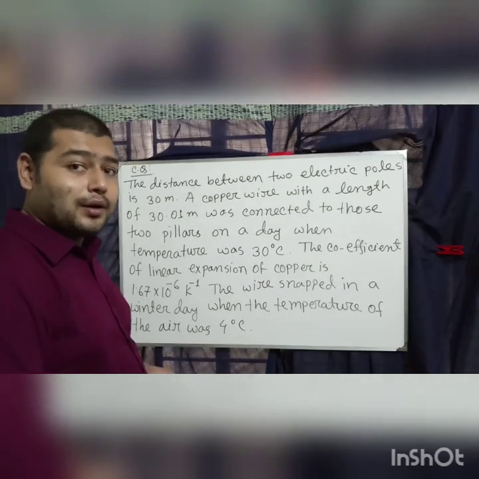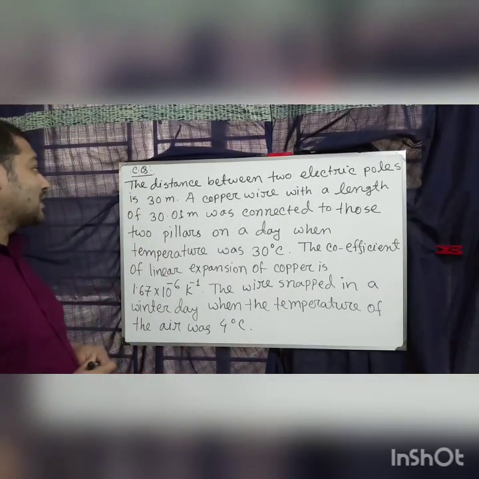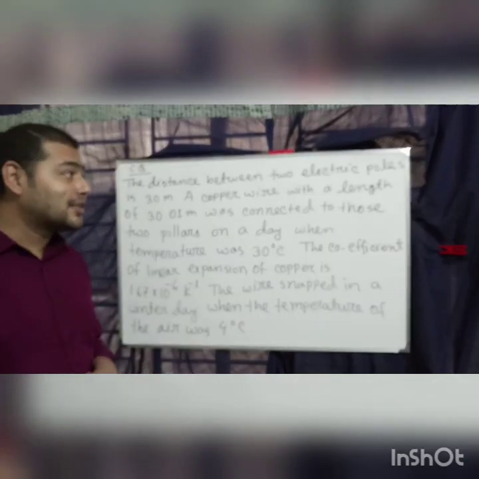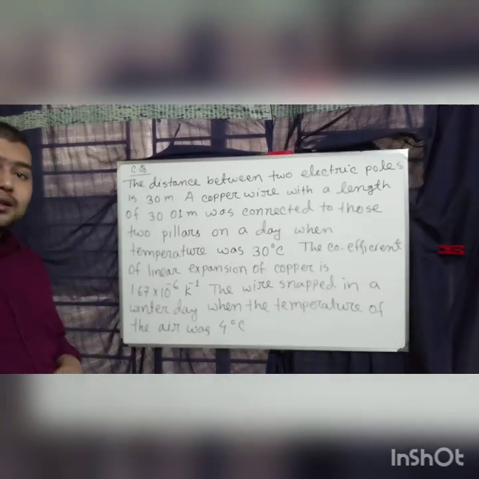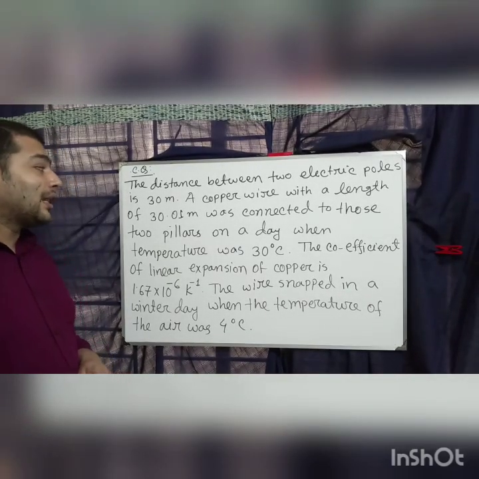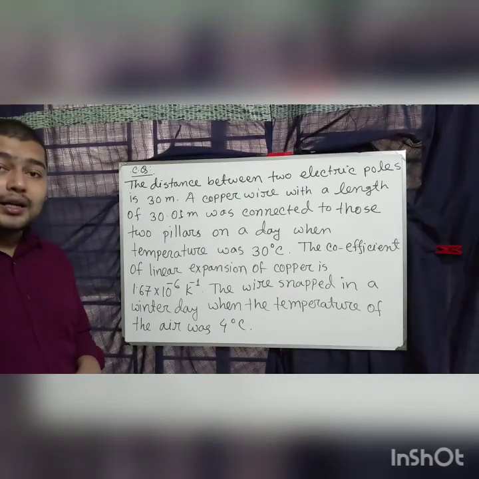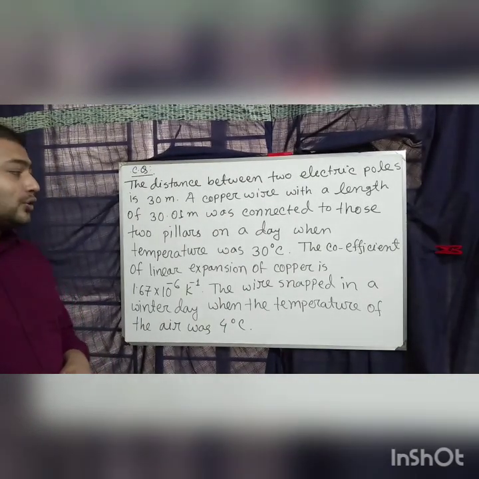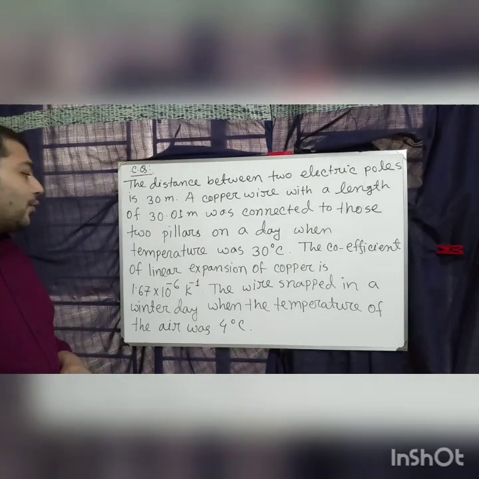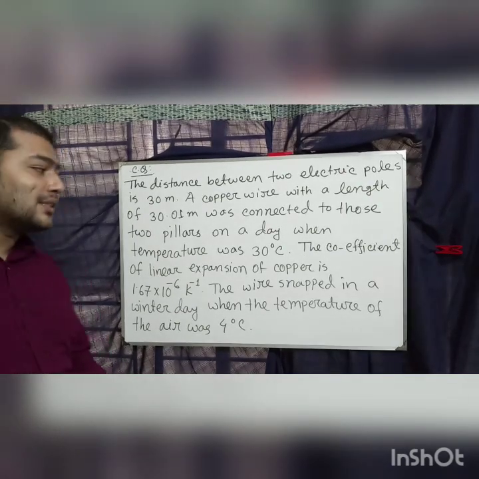So, my dear boys, the stem of today's CQ question is: the distance between two electric poles is 30 meter. A copper wire with a length of 30.01 meter was connected to those two poles on a day when the temperature was 30 degree Celsius.